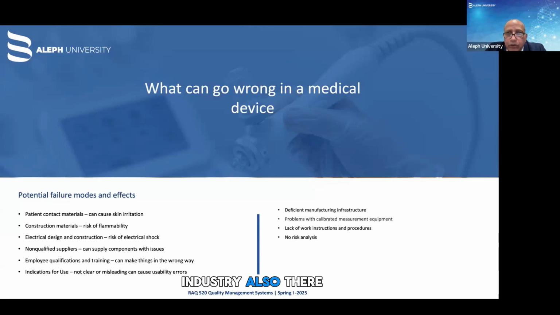In the food industry, there are also many ways to cause problems. Recently there have been some recalls of eggs here in the U.S. Last week, for example, I read that in South Florida there was a recall of ground beef because it was contaminated.